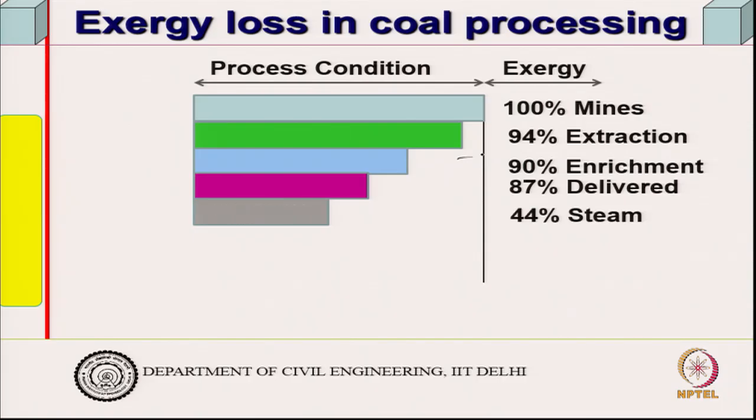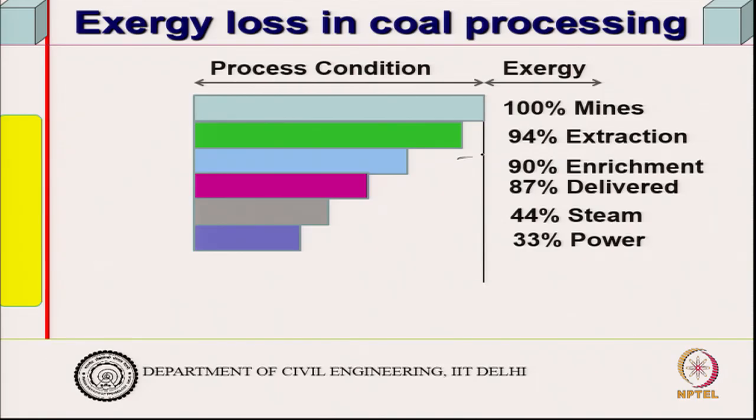And then as I produce steam, the effective work potential of the steam is 44%, right, steam turbine I was using. And then power generation from the steam, there is some amount of loss here.